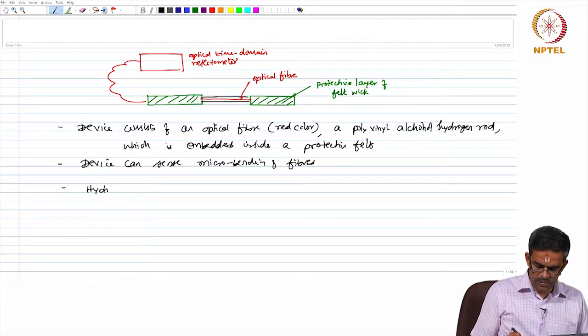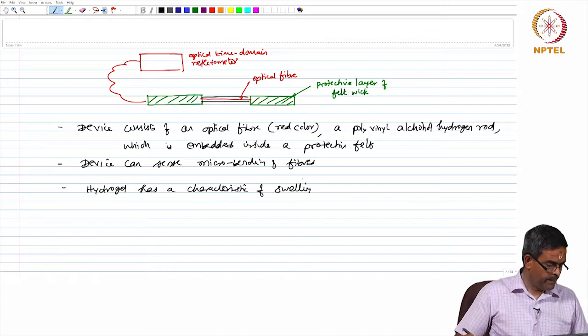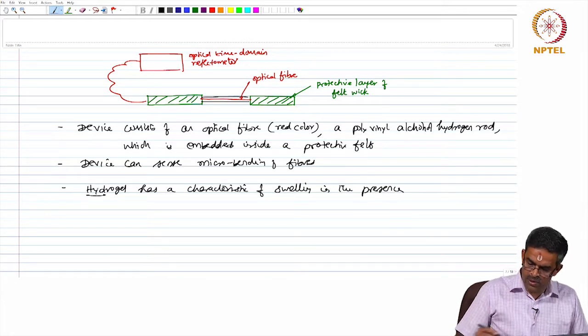Hydrogel has a characteristic of swelling in the presence of water. That is why it is called hydrogel.